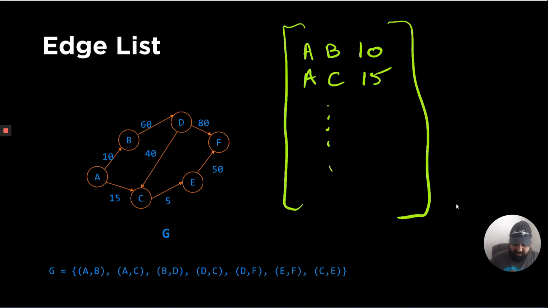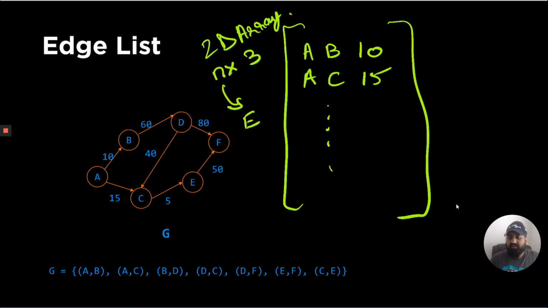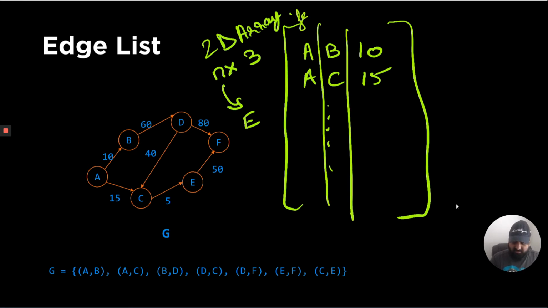In this case, we could have a 2D array where the array is of size n cross 3, where n is the number of rows, or the number of edges in our case, and 3 is the three columns that we have, which are the from, to, and the weight, if the graph has a weight. Now let's discuss the common operations.